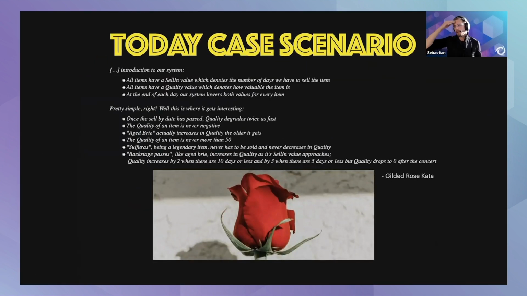For the cases, I shared in the chat previously the link to the Codurance website with this kata. In a nutshell, it's a kata based on the old World of Warcraft type. It's about selling items and calculating the quality and selling value. You usually need to read the restrictions several times for each item to wrap your head around it, especially since the code doesn't make it easier for you. You will see this in a moment. I just pointed here to it as a reference.